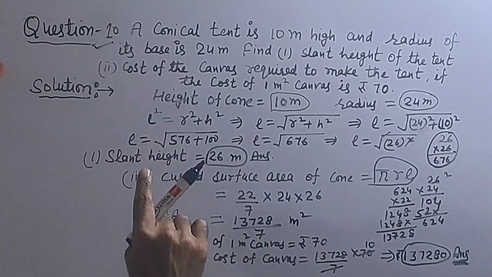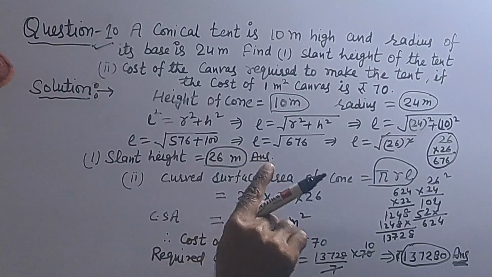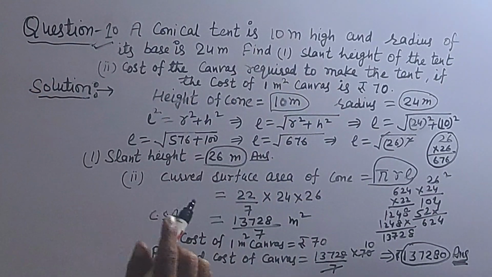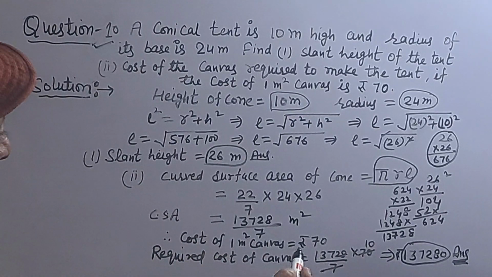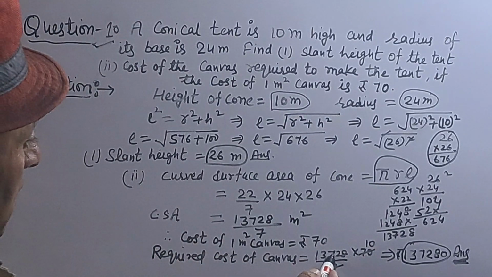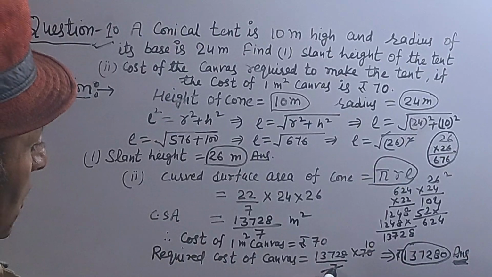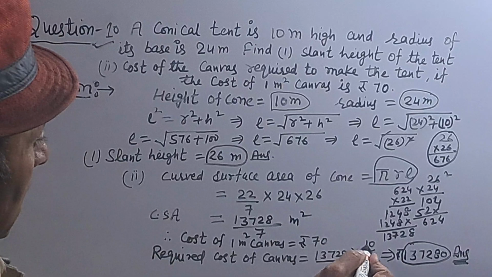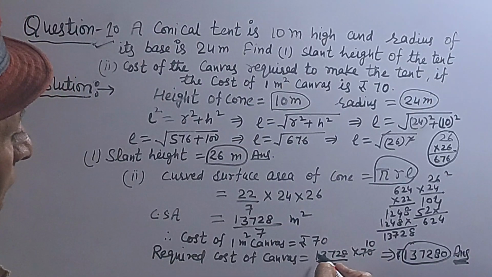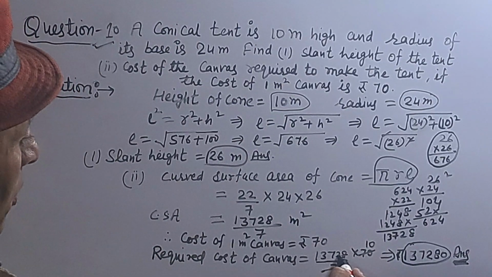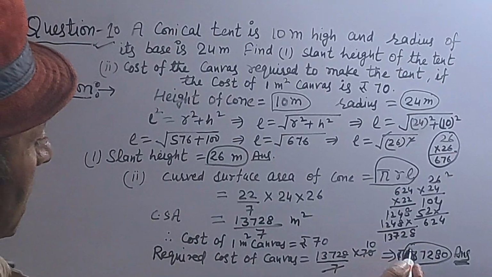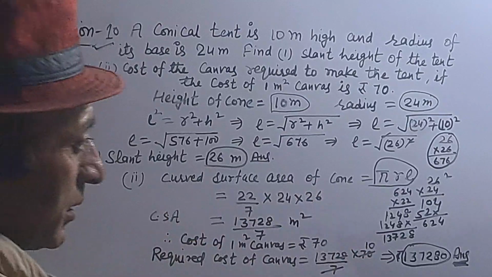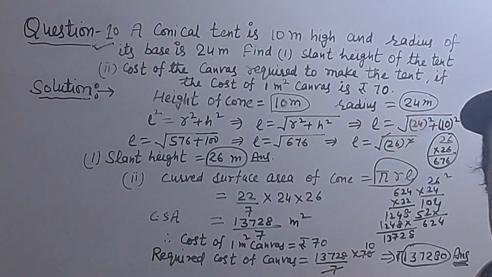We are given the cost of canvas required to make the tent if the cost of 1 meter square canvas is rupees 70. So required cost of canvas is 13,728 upon 7 multiplied by 70. 10 sevens are 70 and 13,728 multiplied by 10 is equal to 137,280 rupees. Answer. Thank you.